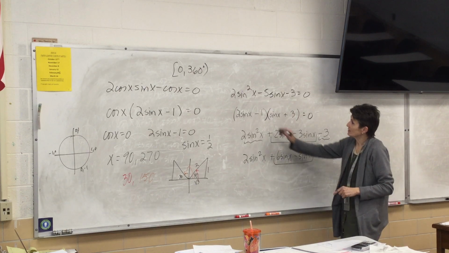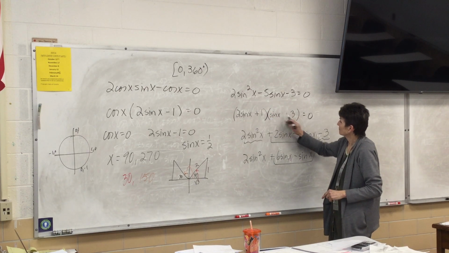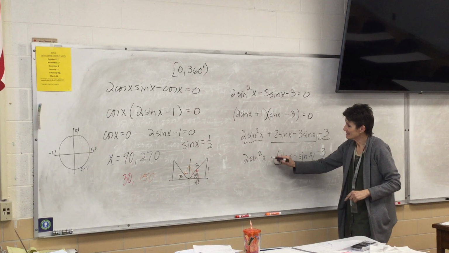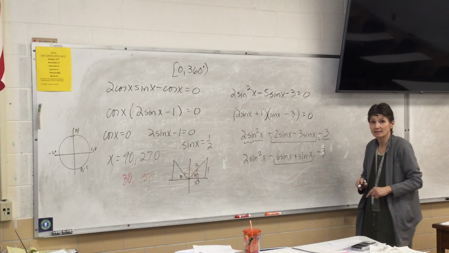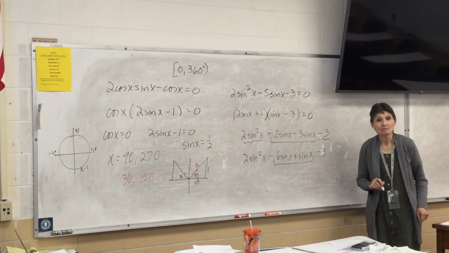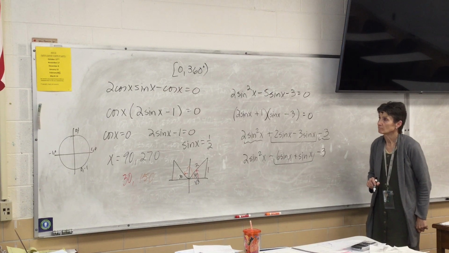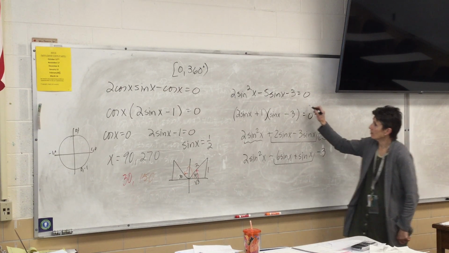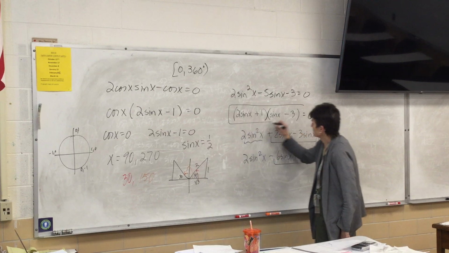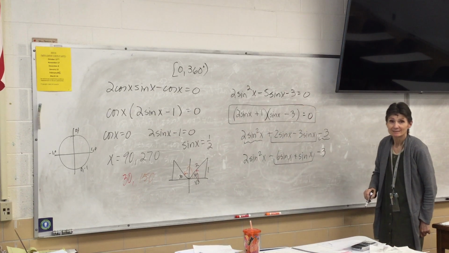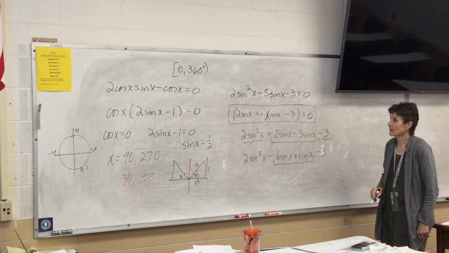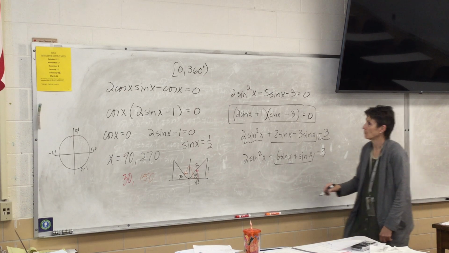So I'm going to switch these 2 signs. That will make this a negative and this a positive, and now I have my -5. So here are the factors. Now we're not done. Now we have to set those factors equal to 0.